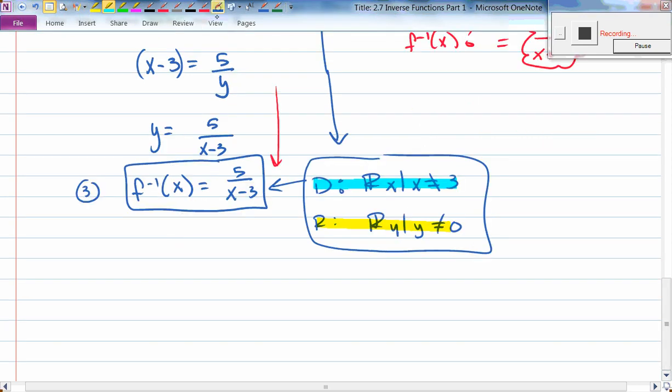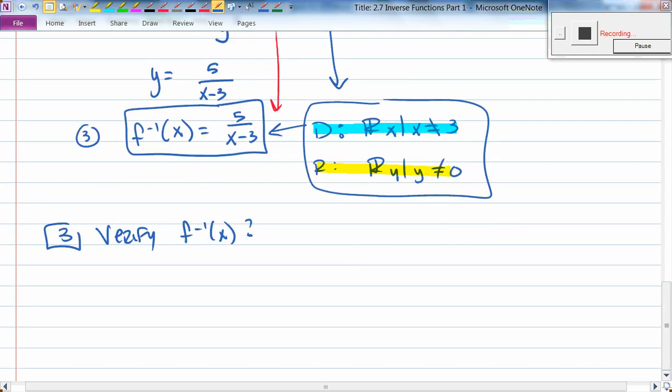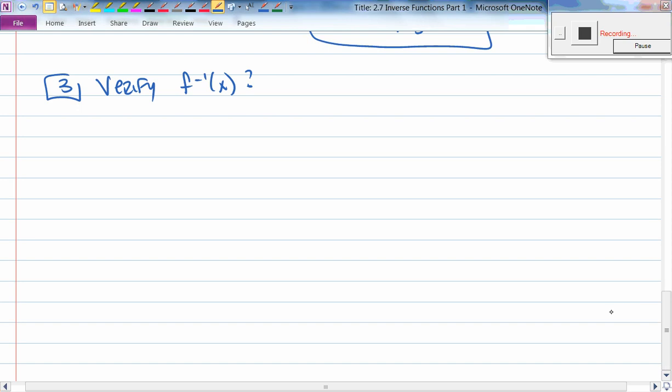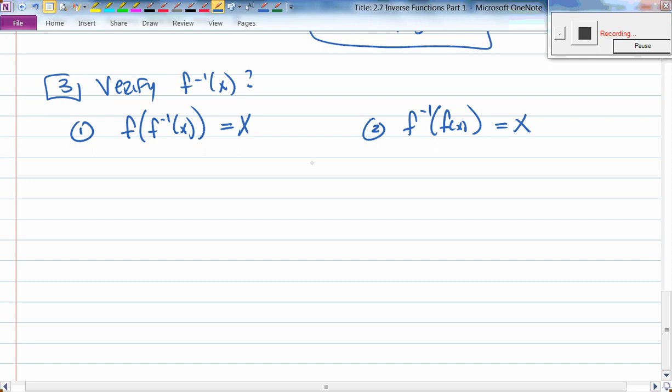Okay? And then the last idea that we're going to talk about today is how do we verify f inverse of x? How do we verify that it's correct? Okay? Well, in order to algebraically verify that f inverse is correct, you have to do 2 things. The first thing you have to do is you need to show that f of f inverse of x is actually equal to the identity x. And the second thing you got to show is that f inverse of f of x is equal to the identity x.